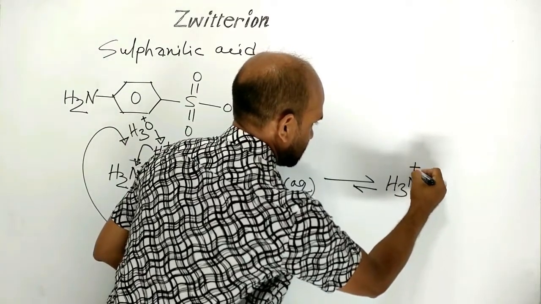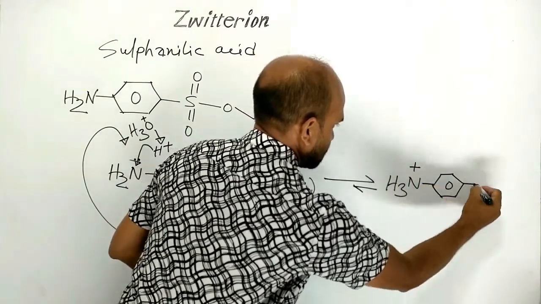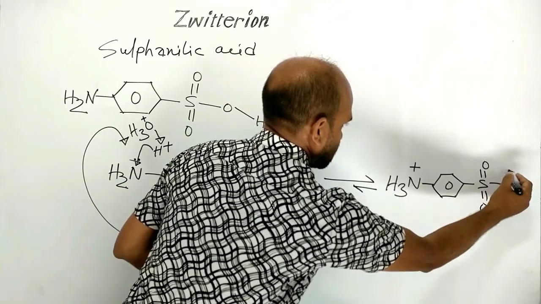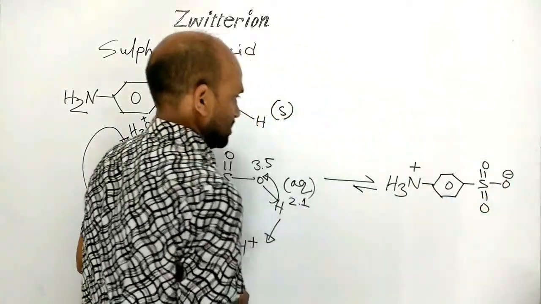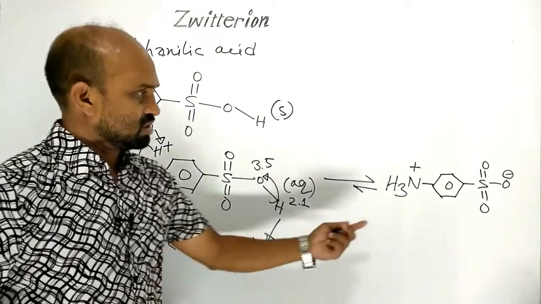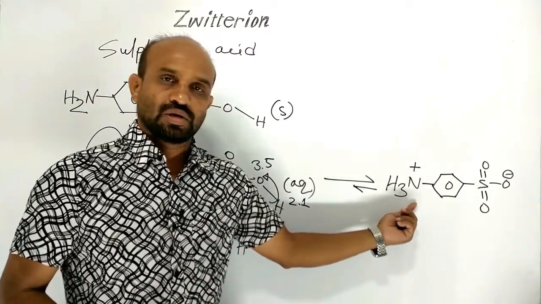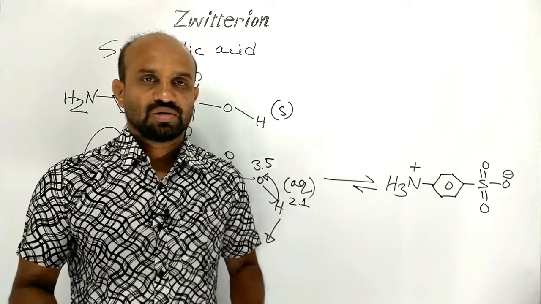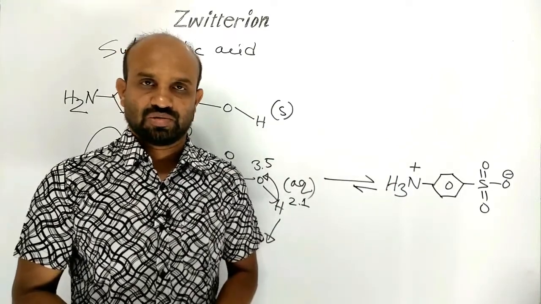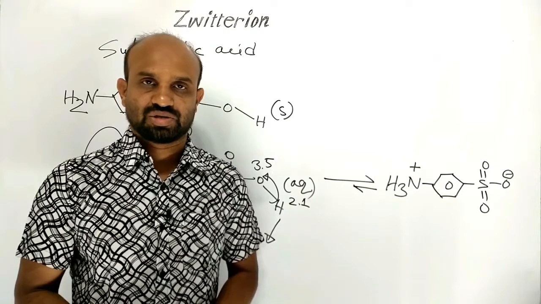H3N plus, SO3 minus. Here the nitrogen with its lone pair of electrons accepted a proton, a positively charged hydrogen ion.